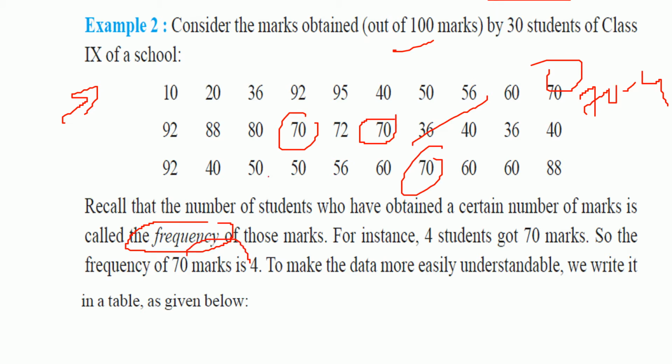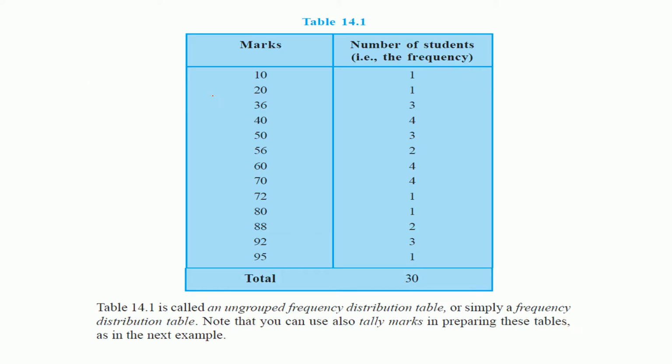Let us make it more understandable, because tabular and graphical forms are always very good to understand. So this is how the marks 10, 20, 30, 40, 50, 60. So we know how many students have got each mark. Take 60: 4 students have got 60.